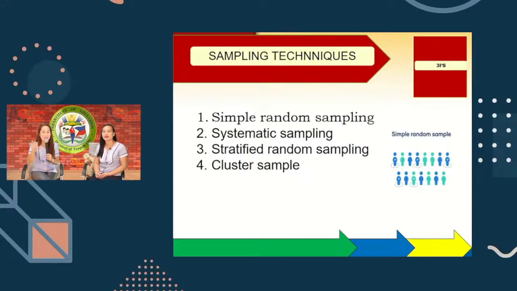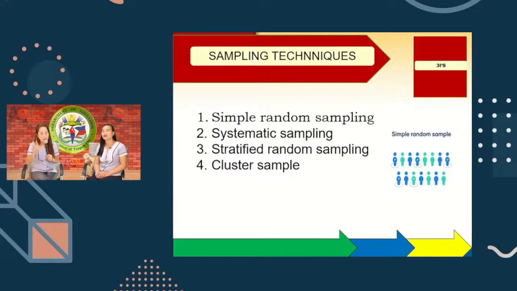So you have stratified random sampling. This is a process in which subgroups or strata are selected for the sample in the same proportion as they exist in the population. In stratified sampling, researchers divide, or what we call stratify, the population on some specific characteristics.